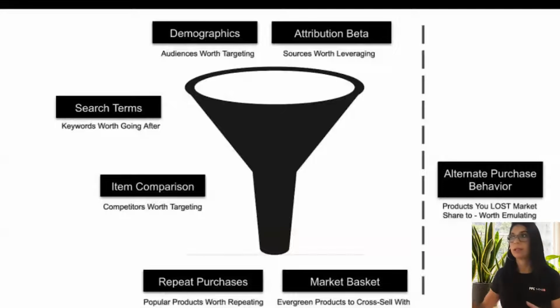So to summarize, I just want to say that all of these different reports that we're getting from brand analytics, I visualize on a sales funnel, to see which part of the sales funnel I am able to attack with the information contained in all of these reports. So let's look at all of them. At the very top, you have the demographics report.